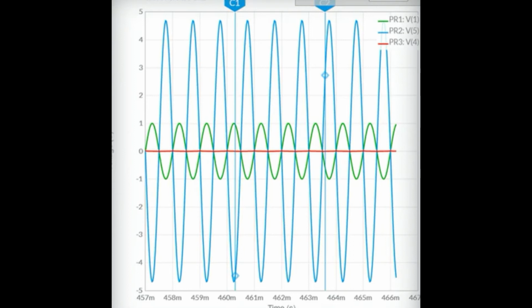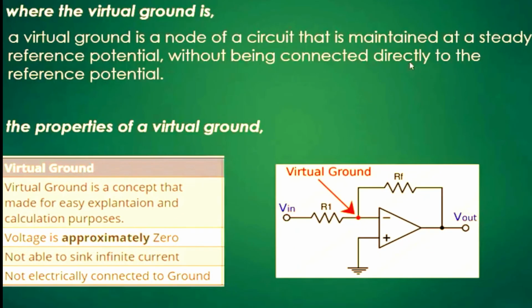The value is usually approximately 0. The virtual ground is a concept made for easy explanation and calculation purposes. Voltage is approximately 0, it is not able to sink infinite current, and is not electrically connected to ground.